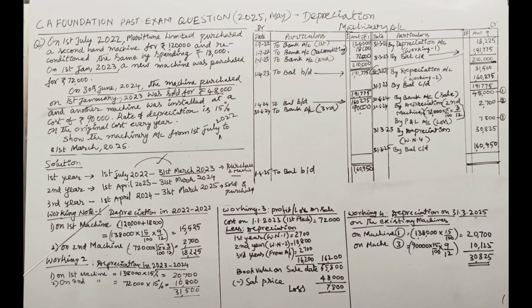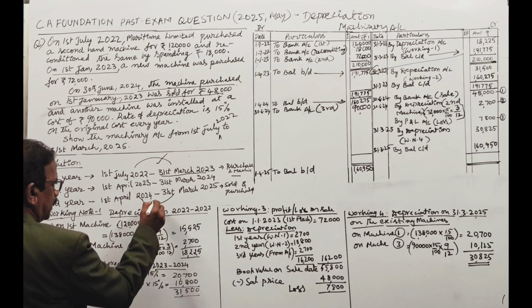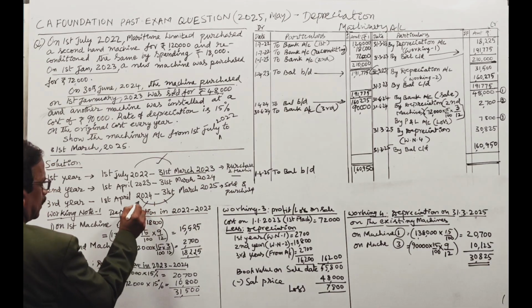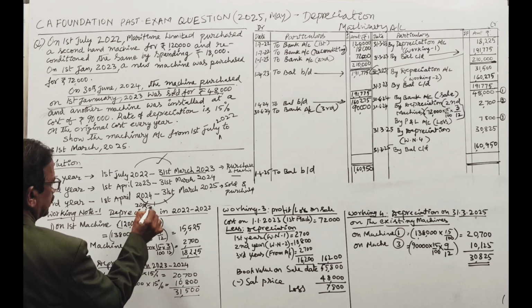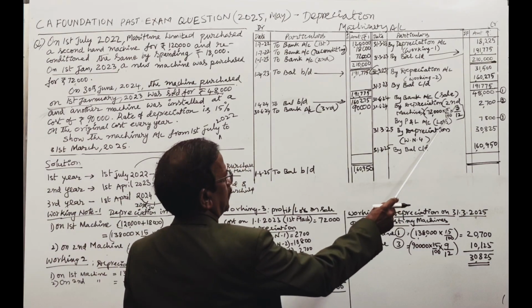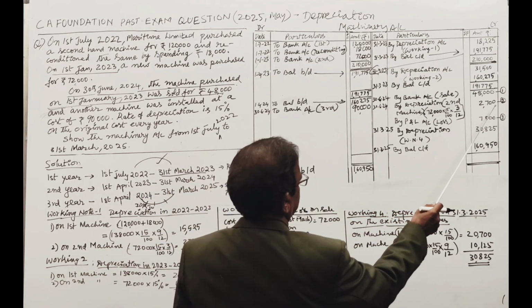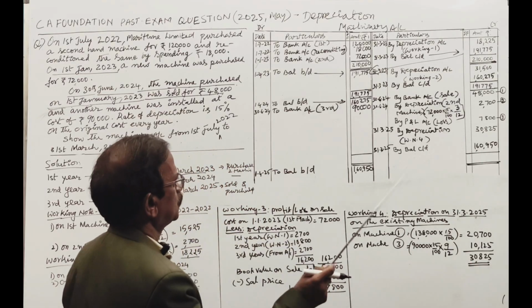The third year starts on 1st April 2024, and this machine is sold during this year, not in the middle, just one quarter is over on 30th June. So 30th June means from April you have to count April, May, June, 3 months. For 3 months you have to calculate the depreciation, 3 by 12. Now, if you simplify it, you will get 2,700.